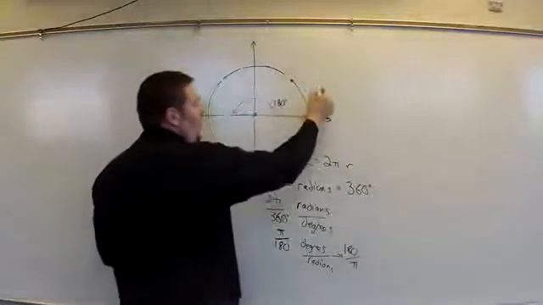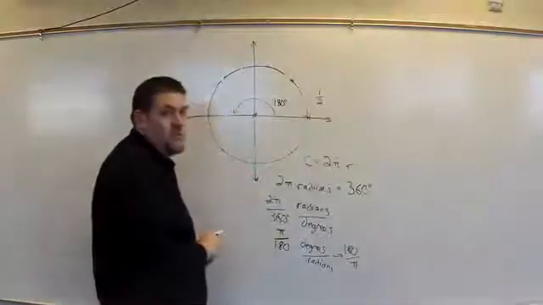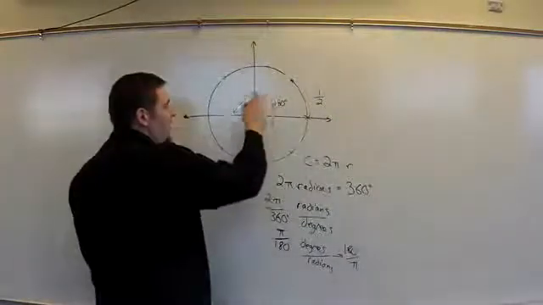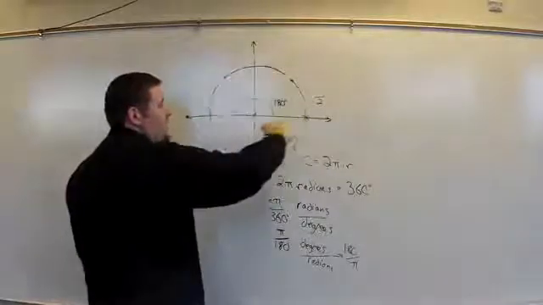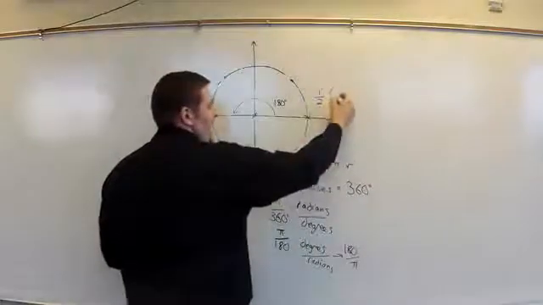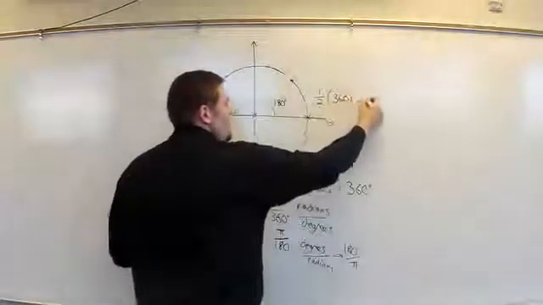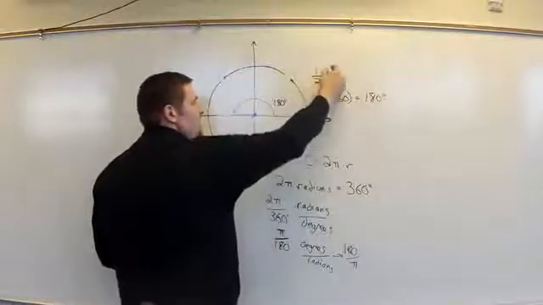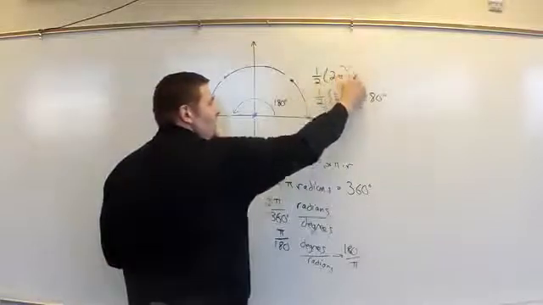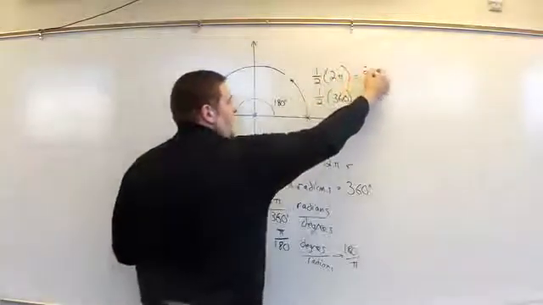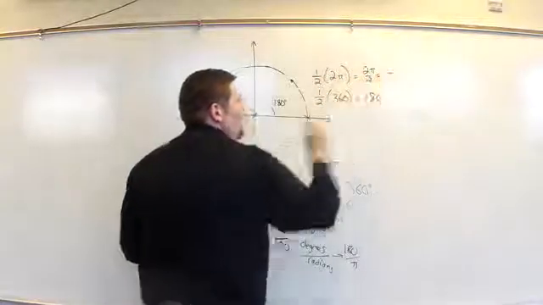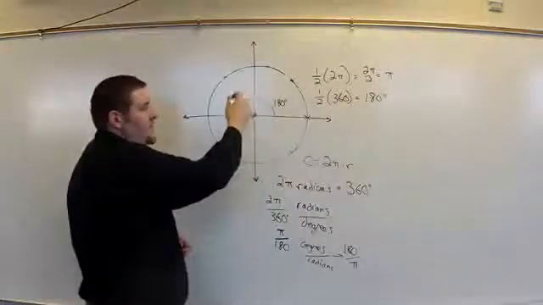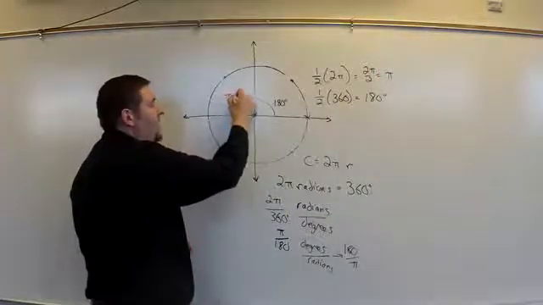We are also at half of a revolution, revolution being all the way around the circle. Half the revolution means I'm at half of 360 degrees, which is where the 180 degrees comes from. But I also could say that I'm halfway around a circle, I'm half of 2 pi radians, which is equivalent to 2 pi over 2, or pi radians. So in half of a circle, we have pi radians.